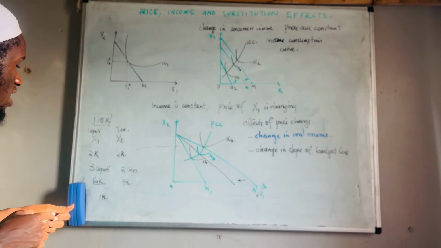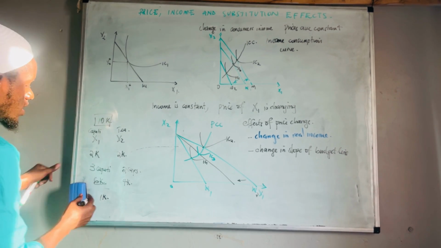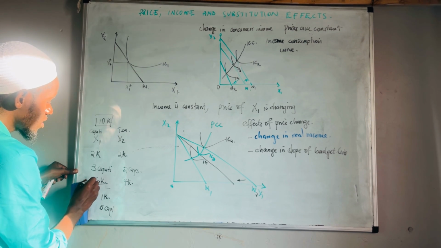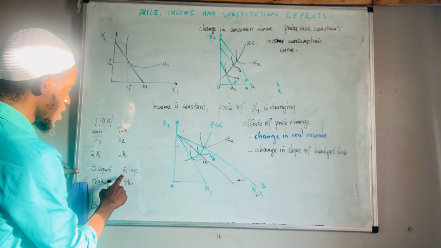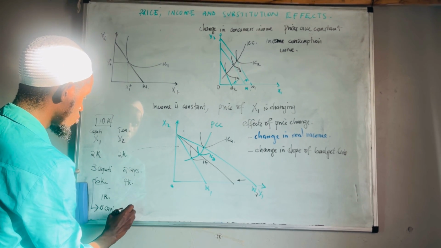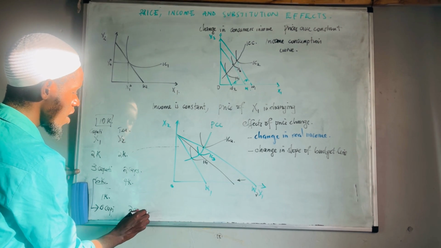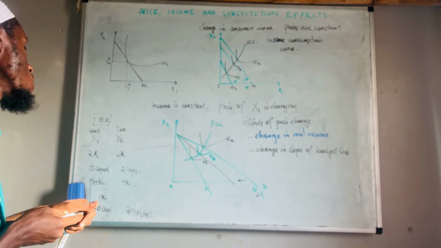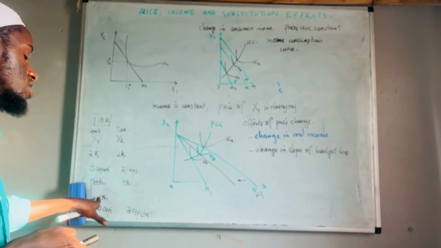Now this 6K, which could buy 3 chapatis, can buy 6 chapatis, while your 4K can still buy 2 cups of tea. Therefore, we see that my income has changed: my 6K that could purchase only 3 chapatis now can purchase 6 chapatis because there's a price change.